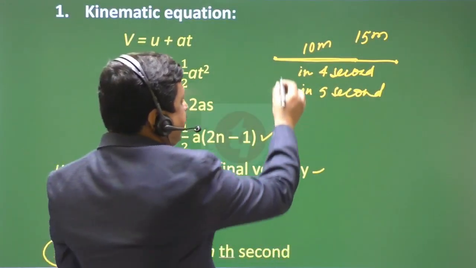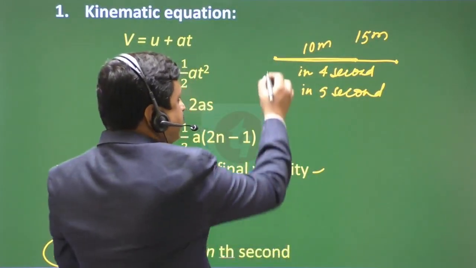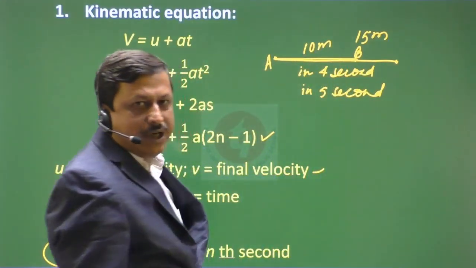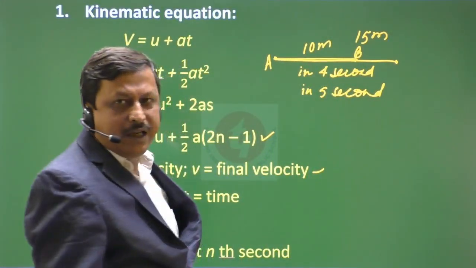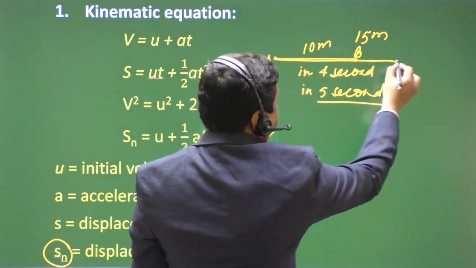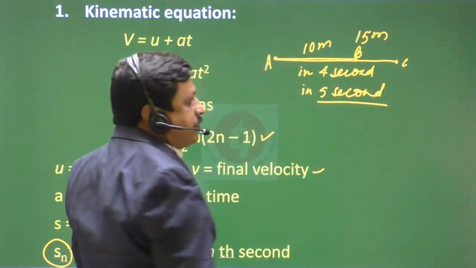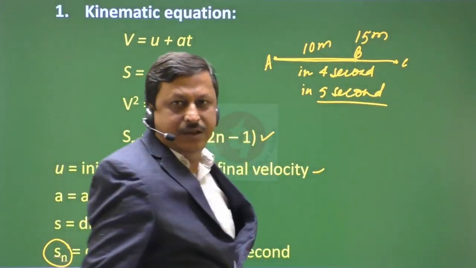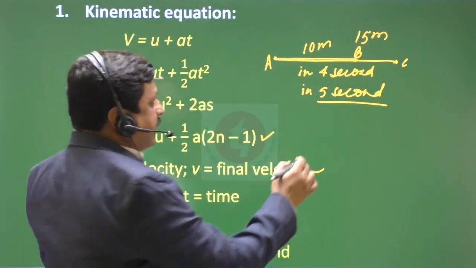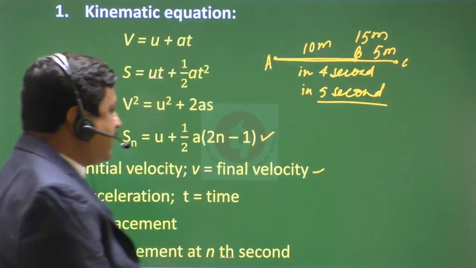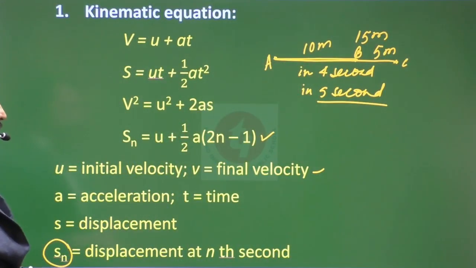In 4 seconds it will displace from point A to B, that is 10 meter, and the particle displaced in 5 seconds from A to C. That means the particle displaced from B to C in the 5th second. That means this is 5 meter, right? So in the 5th second it will displace 5 meter.